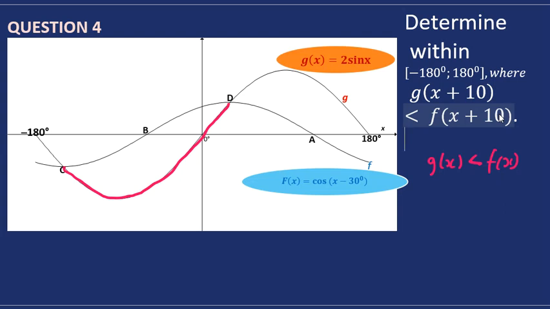From previous calculations, we know that that is negative 150 degrees, and that is 30 degrees. So g of x is smaller than f of x in that interval.